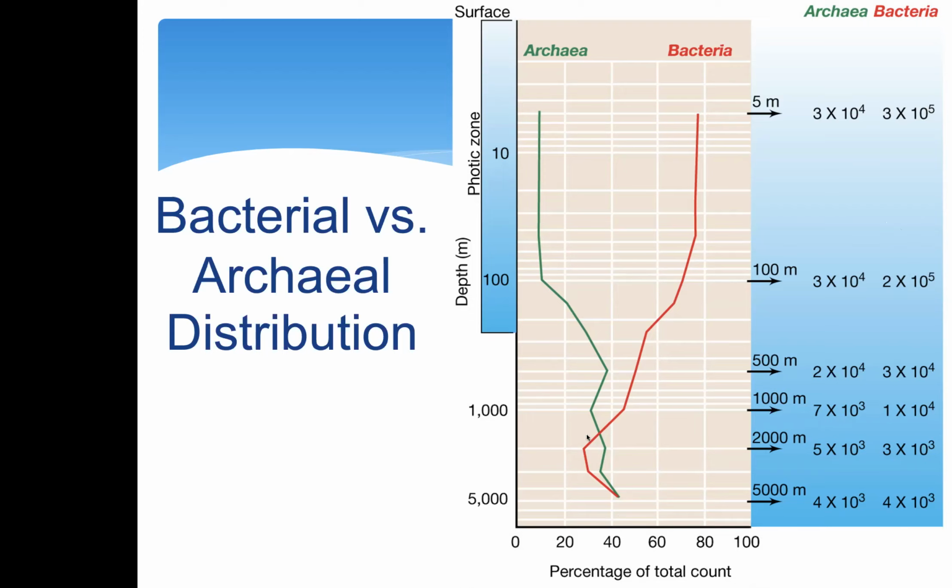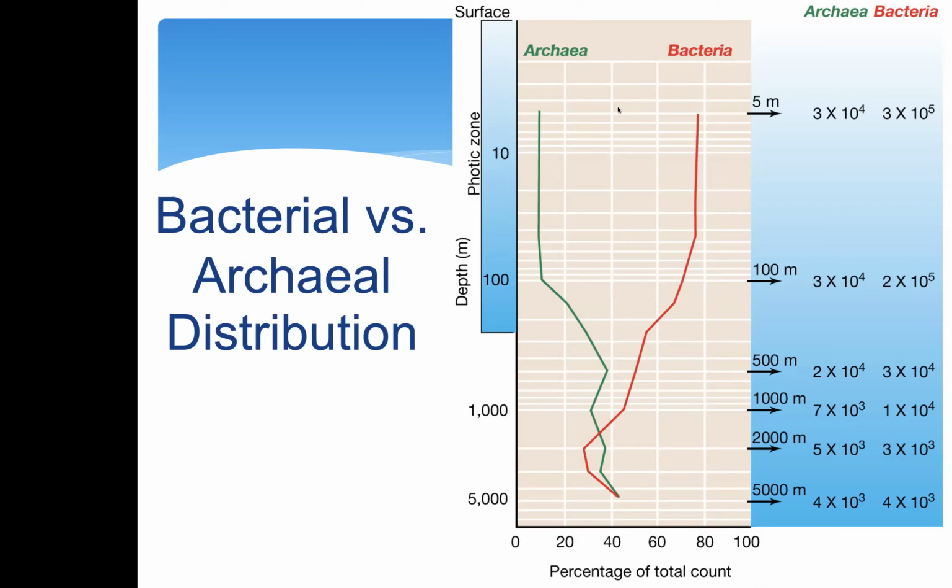And so that's why you end up with about 50-50 distribution, even though you started off with more bacteria at the surface. And so archaea and bacteria are both important, but the archaea really shine, so to speak, or are really important down below about 100 meters.